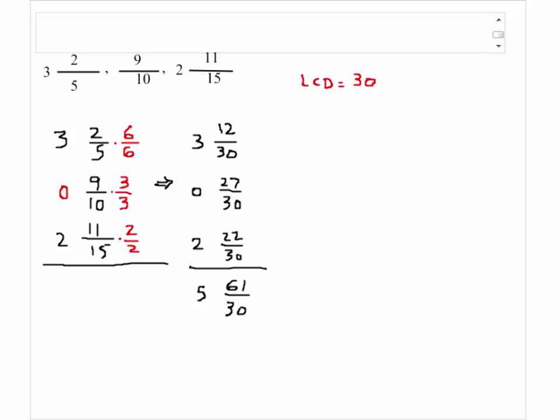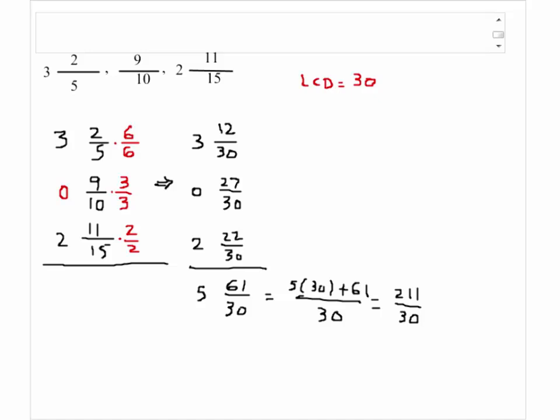This is a sum. And to do that, we can change this to an improper fraction by multiplying 5 times 30 plus 61. So 5 times 30 plus 61 over 30. That would be 211 over 30.